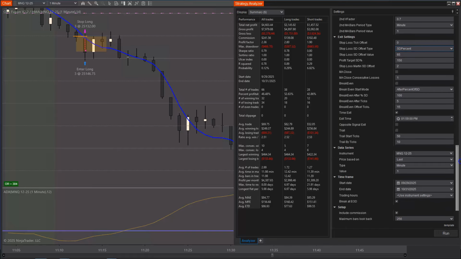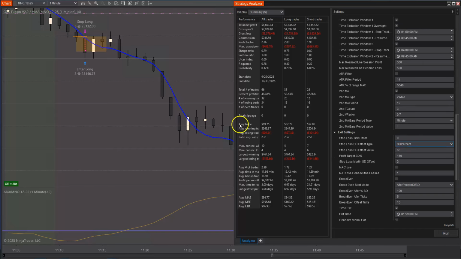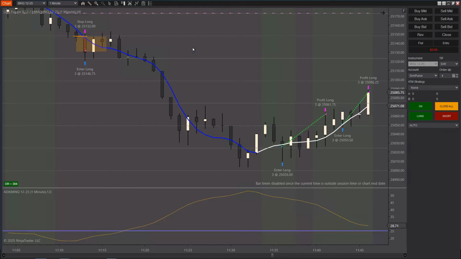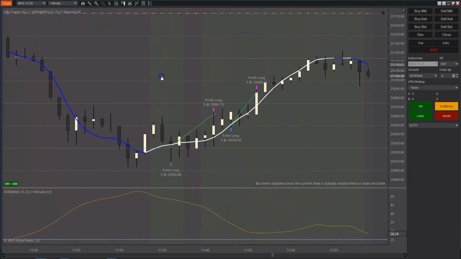So you can see there's a lot. There is a lot. But anytime I optimize something, I make sure everybody gets the most up-to-date action.